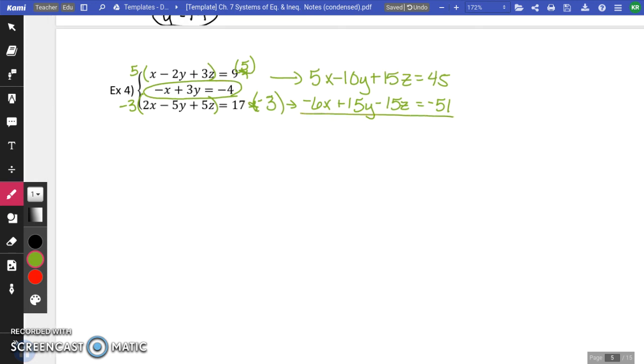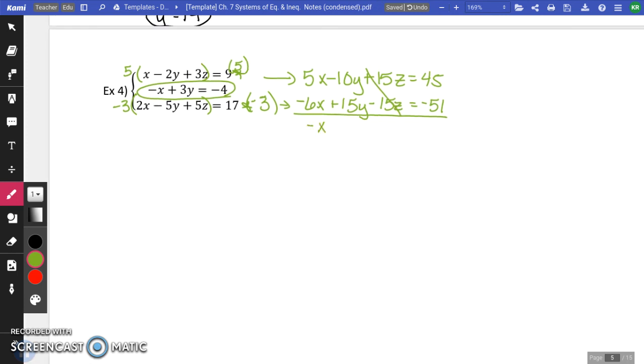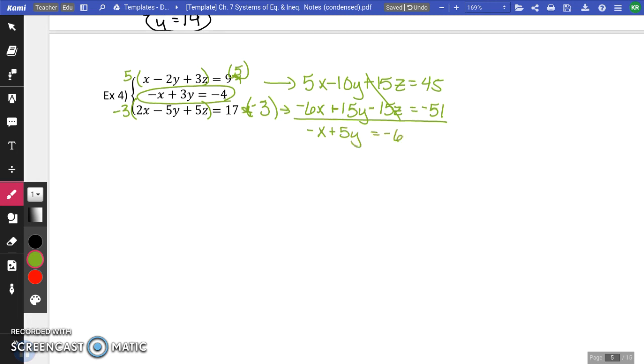So add these two equations together. Your 15z's cancel. I have negative x plus 5y equals negative 6.